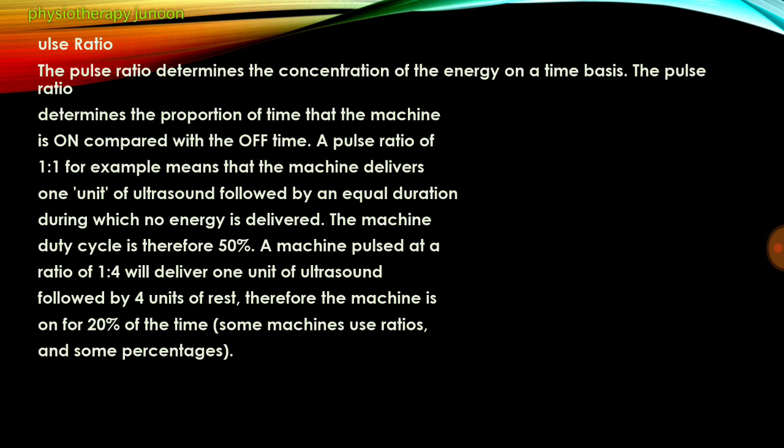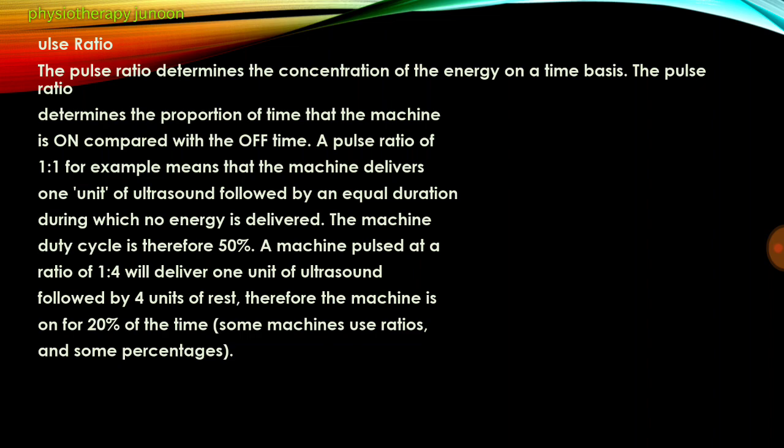Then we use the ultrasound pulse ratio. The pulse ratio determines the concentration of the energy on a time basis. It determines the proportion of the time that the machine is on compared with the off time.